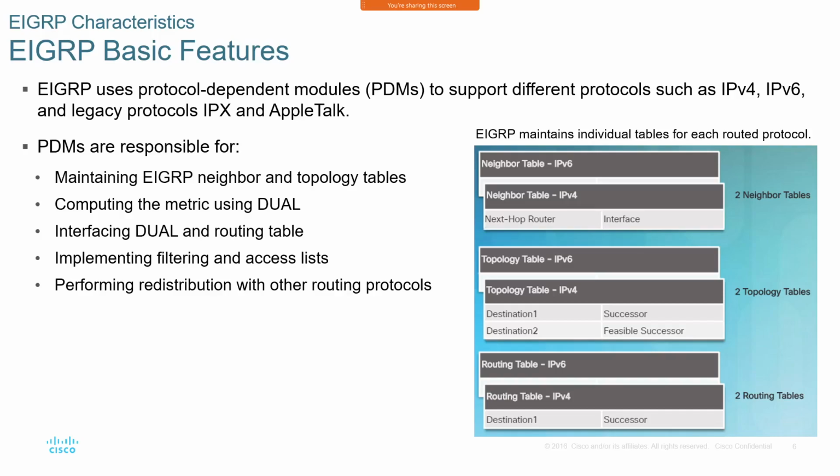EIGRP can support both IPv6 and IPv4. It just basically keeps everything separate. So you have a separate neighbor table for IPv6, a separate topology table for IPv6, and a separate routing table for IPv6. So it basically separates everything according to the network protocol, whether it's IPv6 or IPv4.